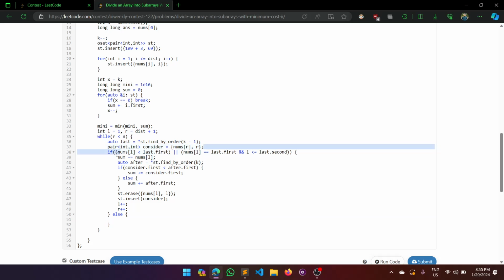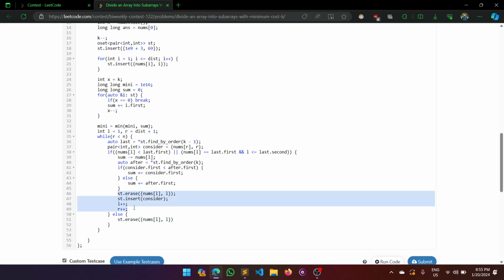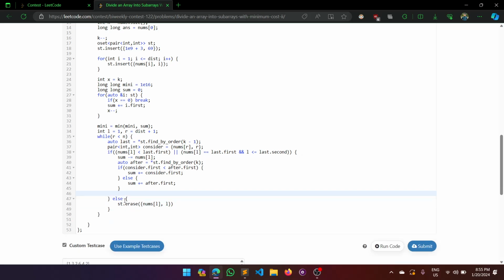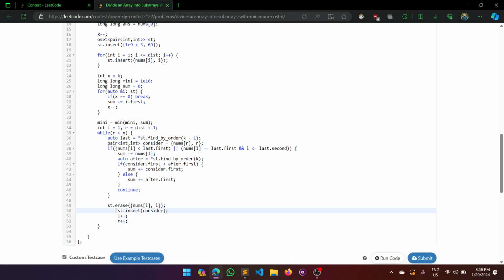Now if the element that you want to consider is not included, then simply I'll do set dot erase nums comma L. Okay, this thing is being repeated. Let's see if it works.